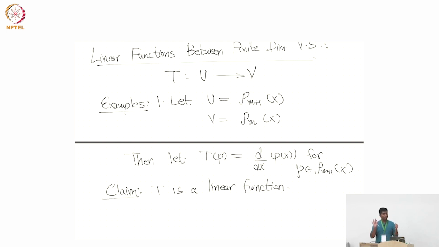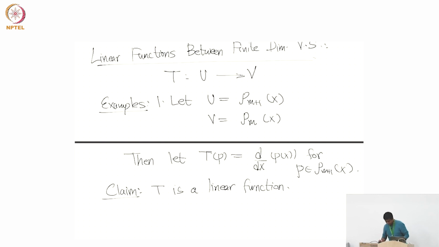But we are not doing the derivative of any arbitrary function. We are doing the derivative of polynomials of degree m plus 1, which will give me a polynomial of one lower degree. We know that polynomials of degree up to m plus 1 form a finite dimensional space based on the example that we saw, and similarly polynomials of degree up to m are finite dimensional. So this is an example of a linear function between these spaces.